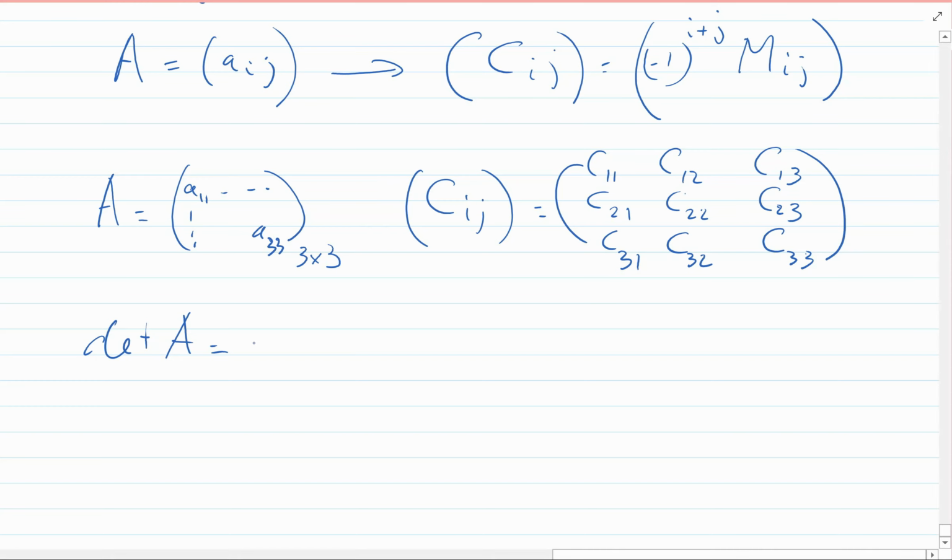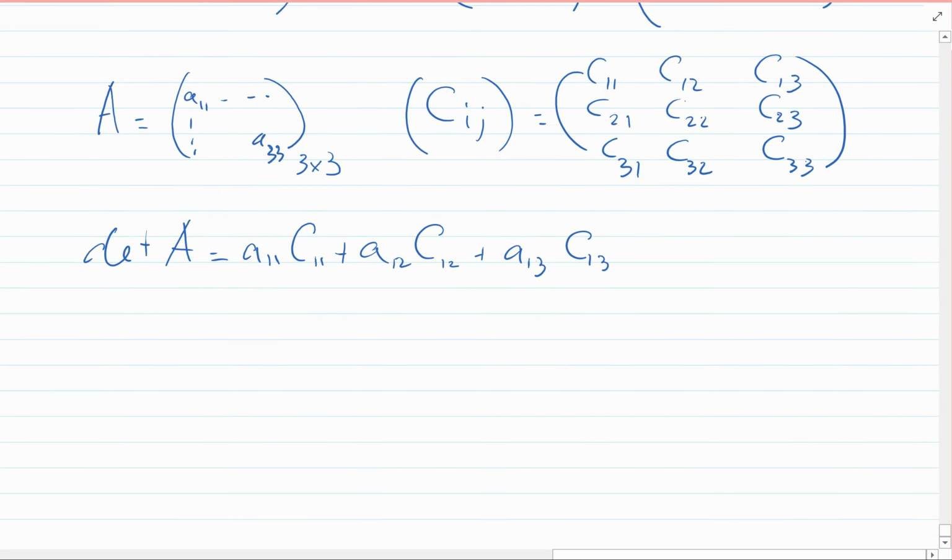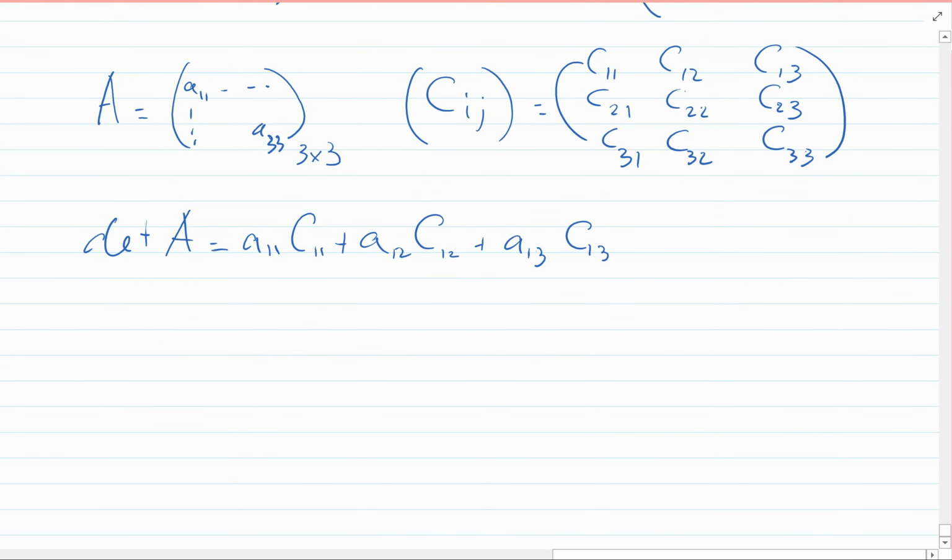It's going to be A11 C11 plus A12 C12 plus A13 C13. And if we go along any column, then we have a different formula.